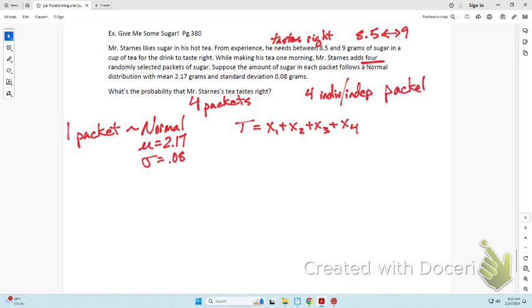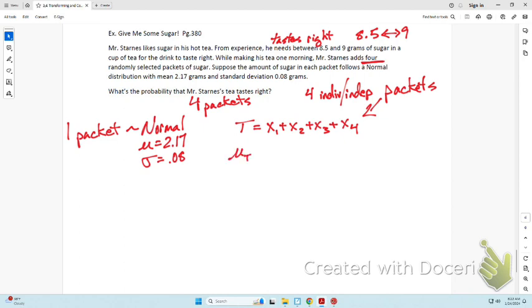So it's important to write it like that and not as t equals 4x. That'd be like if you were transforming one packet, if you wrote 4x. And right now it appears to be equivalent, 4x versus writing out x plus x plus x plus x. But think about the standard deviation formula. That'll have a different value.